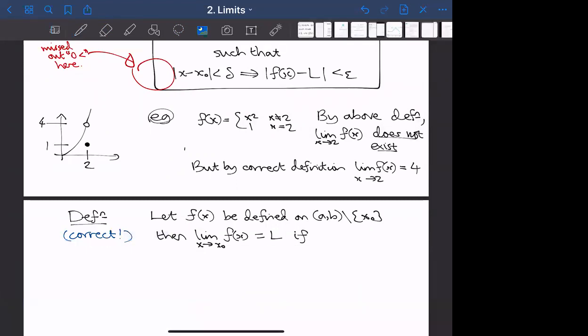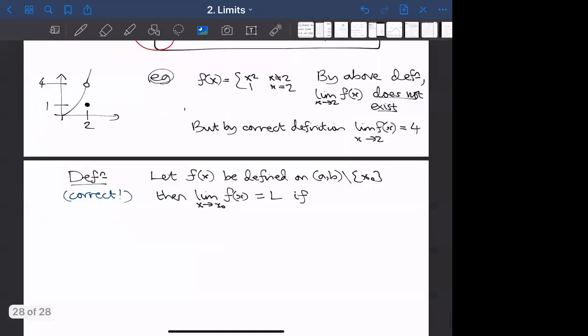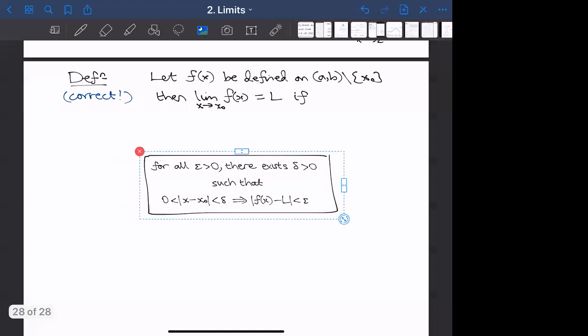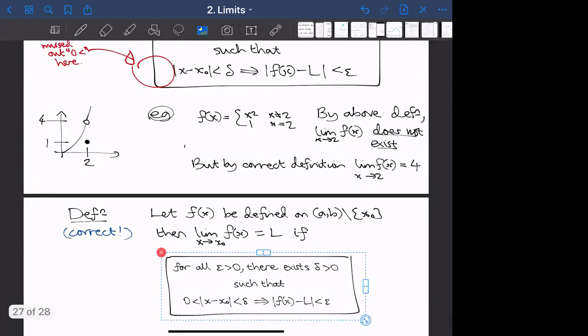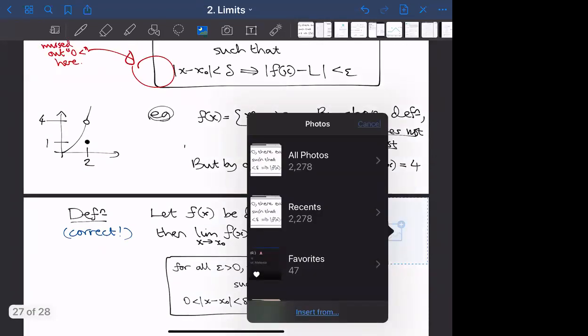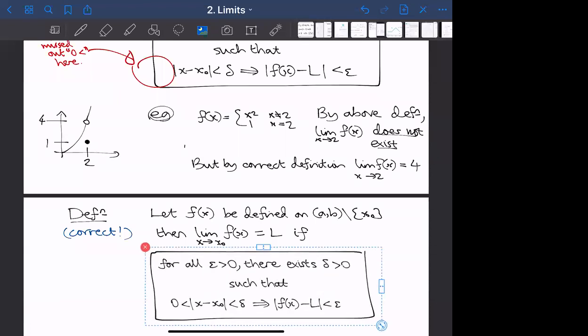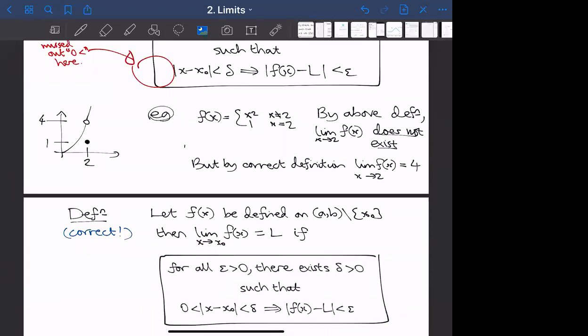And for the last bit, we need to put in this 0 less than the absolute value of x minus x0. And that makes sure that x is not equal to x0 in the definition. Okay.